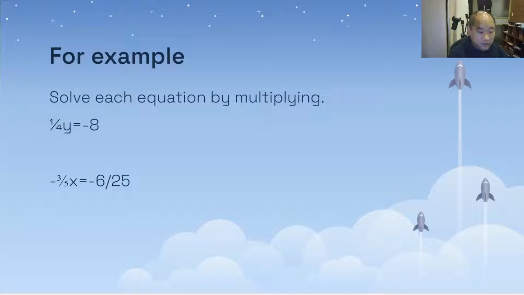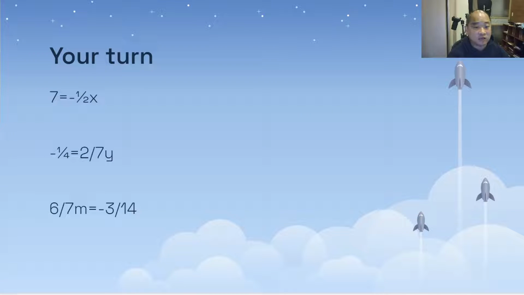Okay, this is going to be a fairly long video, so let's wrap it up. This is the last your turn. Welcome back. Okay, we're going to multiply both sides by -2, so -14 equals x. Here we're going to multiply both sides by 7/2. So that's just going to be -7/8 equals y.